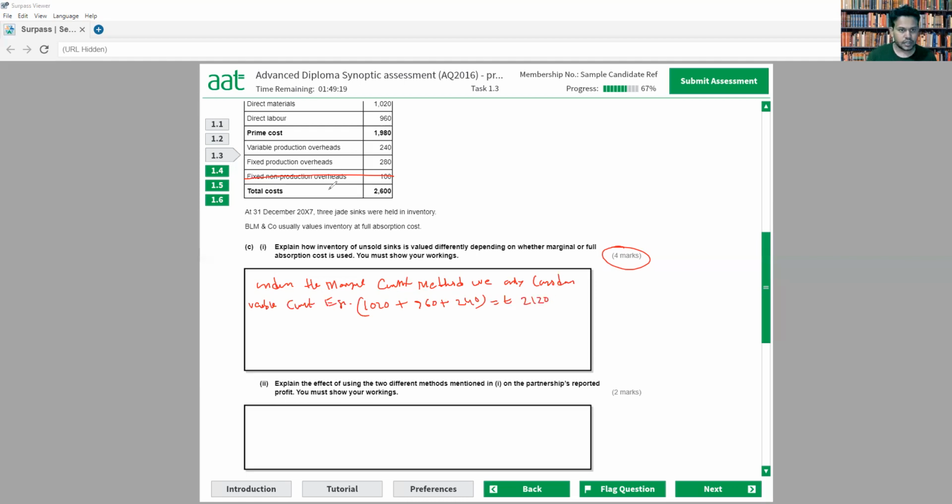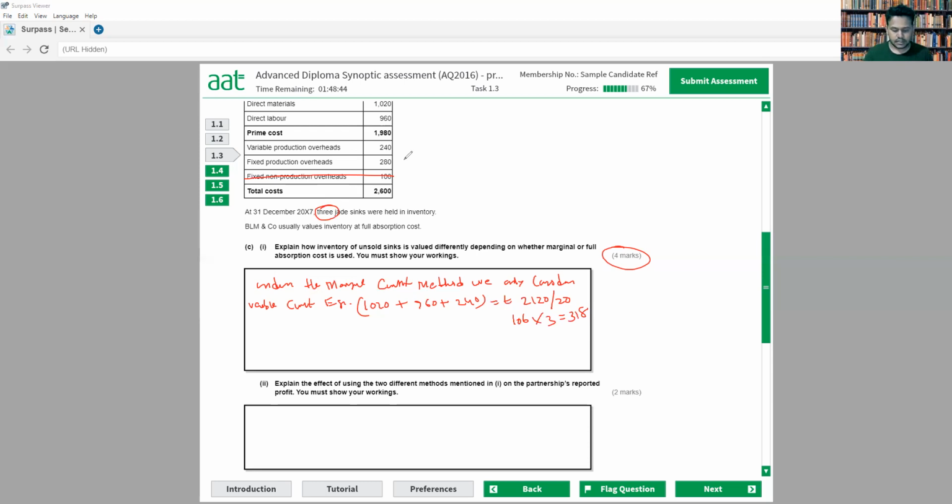And if I divide by 20, because they said it is a 20 batch, so per unit will be 106, and 3 is still left on the stocks. If we multiply by 3, that will give me the cost 318. 318 will be our closing inventory cost for all of this. So let's have a look. So we have 1980 and 240 divided by 20. So is it the right one?